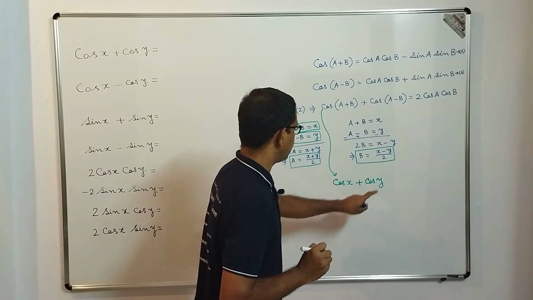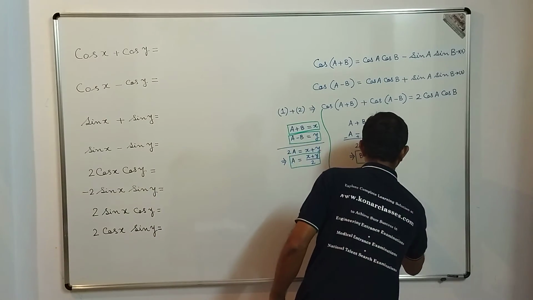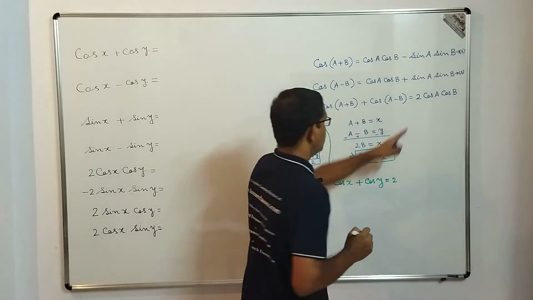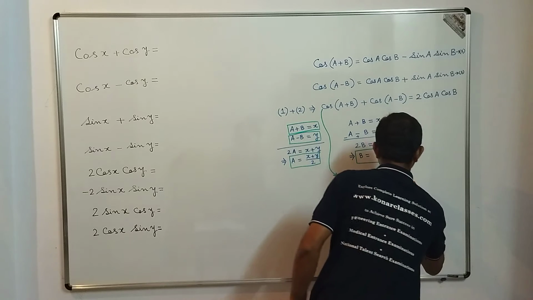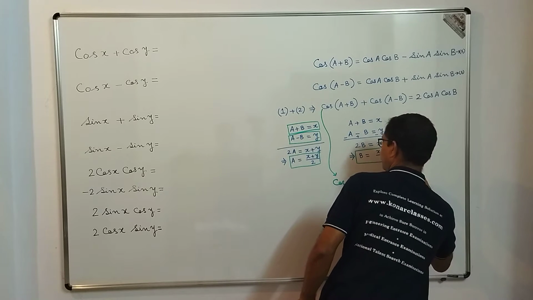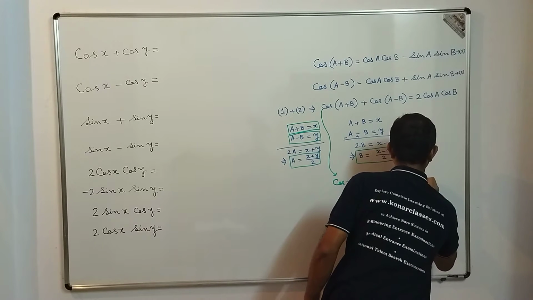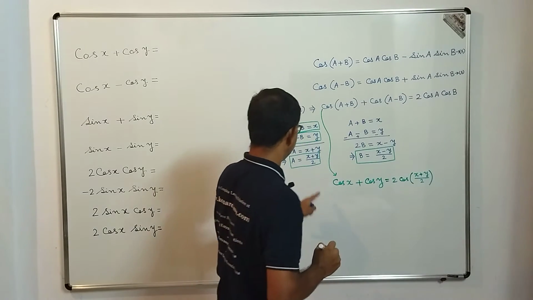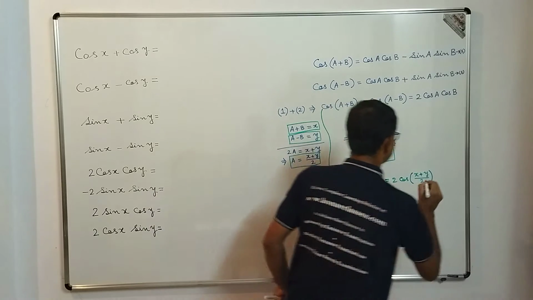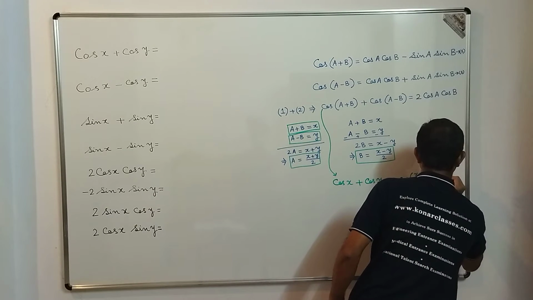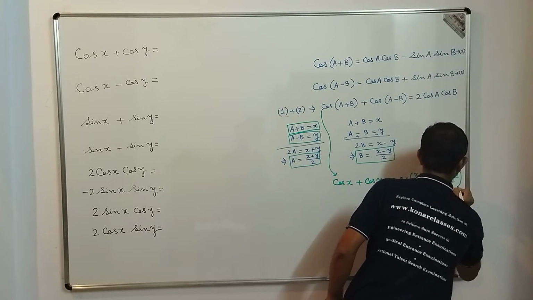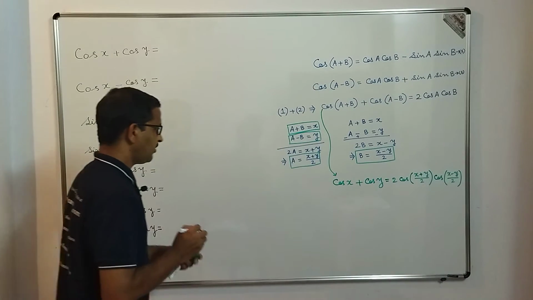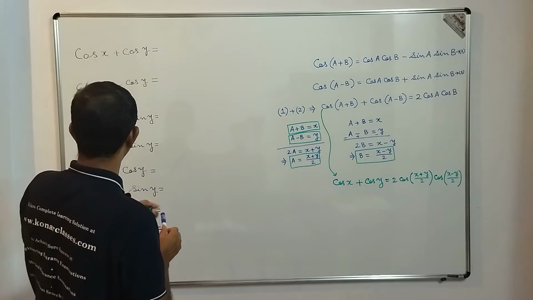So cos x plus cos y is equal to 2 cos A, what is A? x plus y by 2. So we get 2 into cos of x plus y by 2 into cos B, that is cos of x minus y by 2, and that is the formula. We get it here. So what is the formula, dear students?